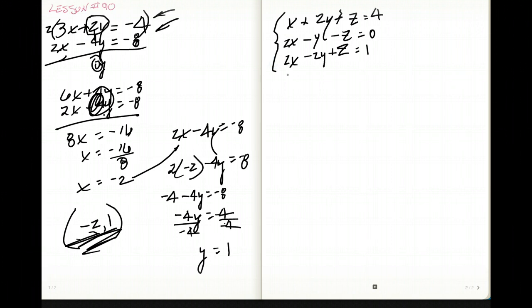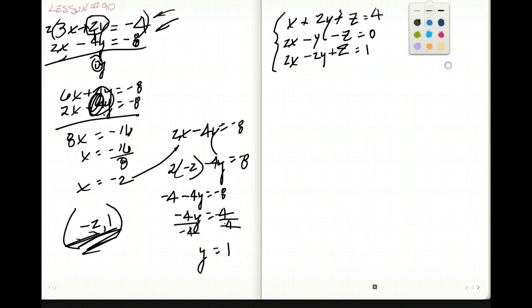Like I've said before in the past, whenever you're solving these systems of equations, you can only do two problems at a time. You can't solve this whole thing by looking at all three of these and coming up with an answer. So what we're going to do is pick two of the problems up here.